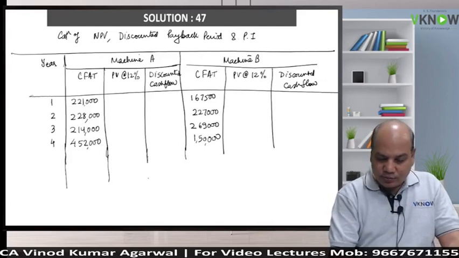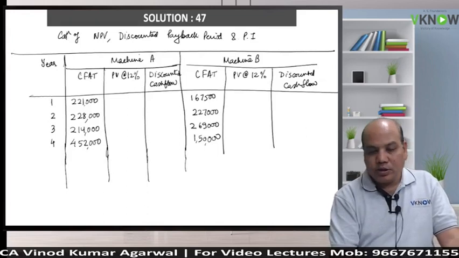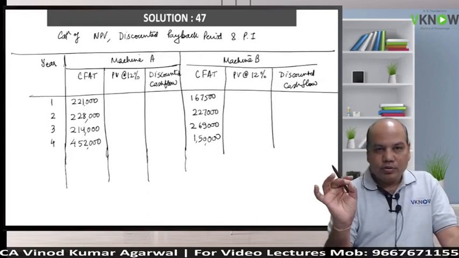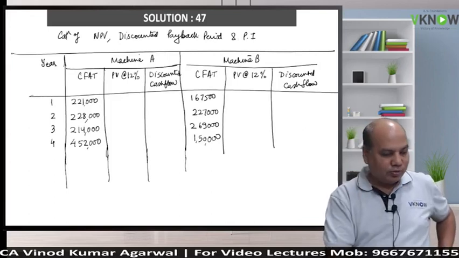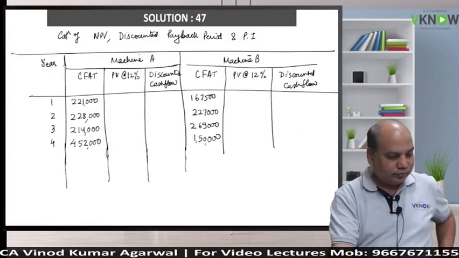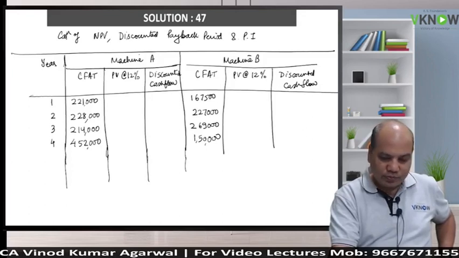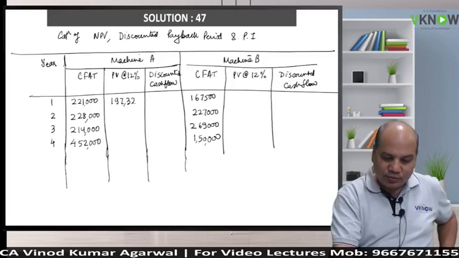Now listen to me. You have to find the present value at 12%. Type 2,21,000 divided by 1.12, equal to, memory plus. 197,321.